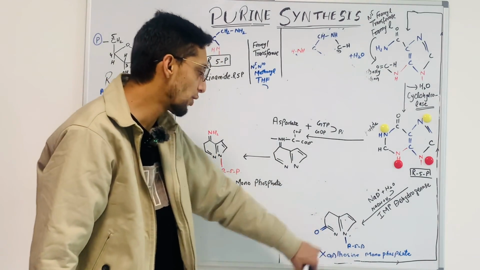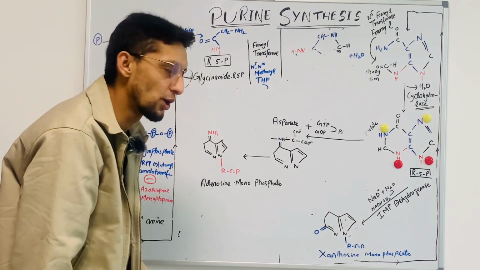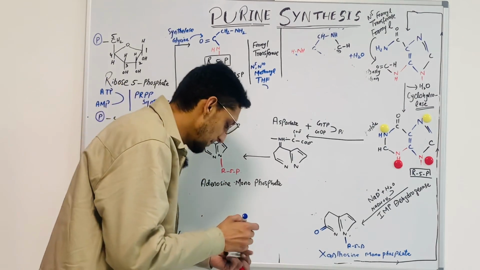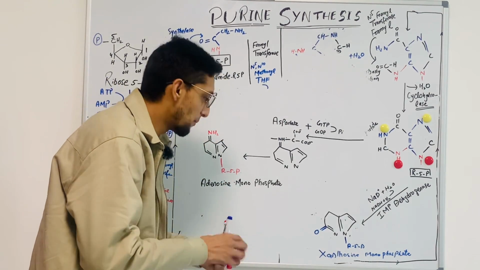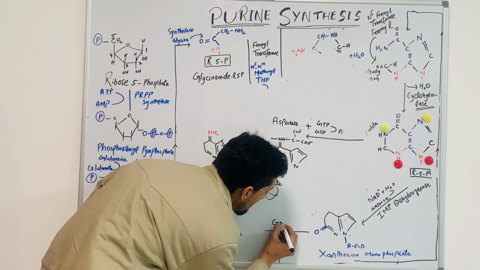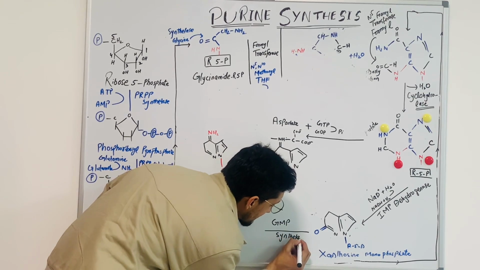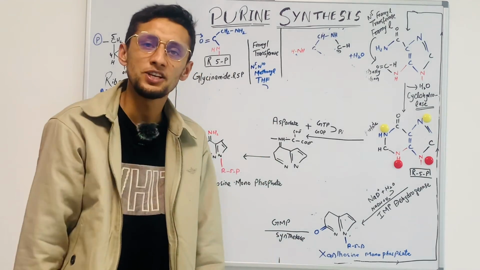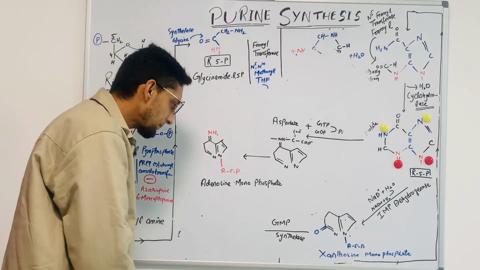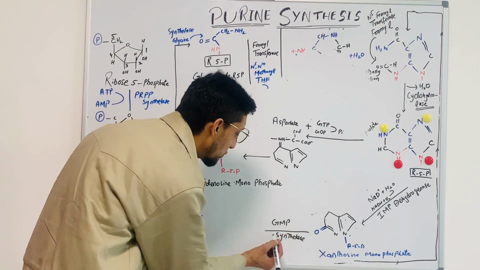From xanthosine monophosphate, we derive guanosine monophosphate in a way that another enzyme, a very important enzyme, that is GMP synthetase, right? GMP synthetase. Now, GMP synthetase will do what?